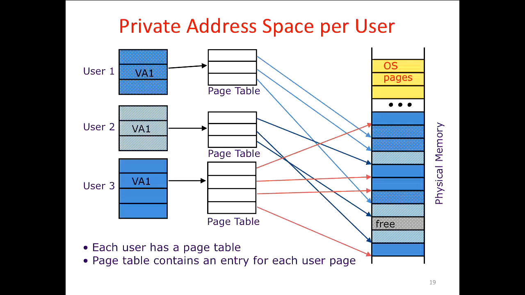You indirect through a page table that tells you this guy's page 1 is here, this guy's page 1 is down here, this guy's page 1 is over here, right? So they can be arbitrarily mixed. There's a separate per-page indirection entry. So there's one entry for every page in the user space. And every user has an independent page table that describes the mapping for that program.